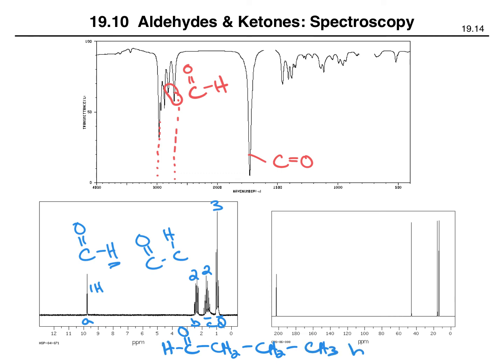So what we're looking at then is this, butanal. So this would be signal A, this would be signal B, because it's next to the carbonyl, so it will be at the higher ppm. And notice the splitting. So it is split by 2 neighbors over here, but it's also split by this hydrogen.